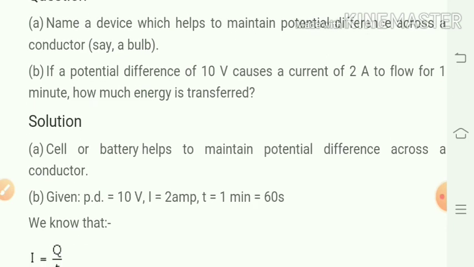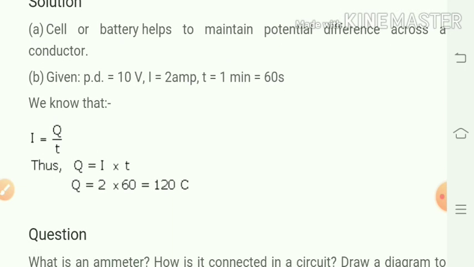Name the device which helps to maintain potential difference across a conductor. If a potential difference of 10 volt causes a current of 2 ampere to flow for 1 minute, how much charge is transferred? The cell, it may be a storage cell or battery, helps to maintain potential difference across a conductor.